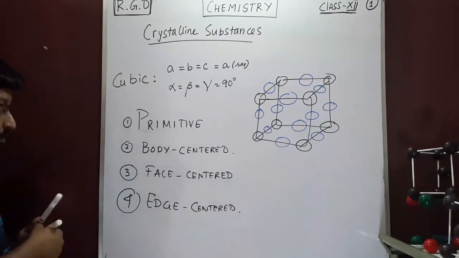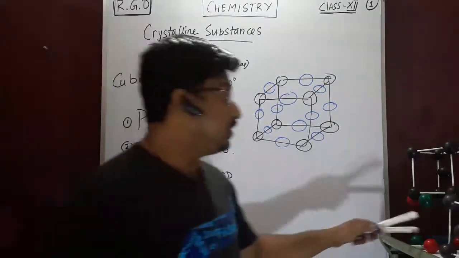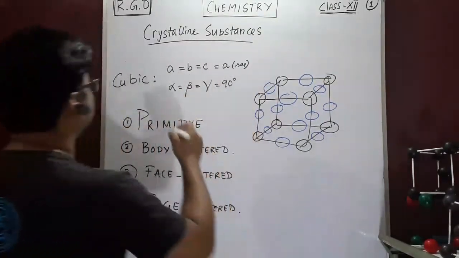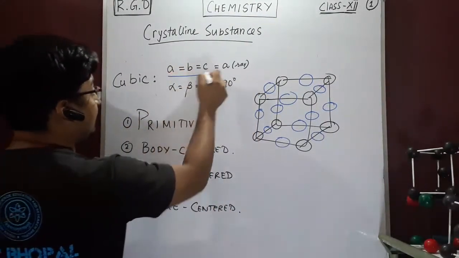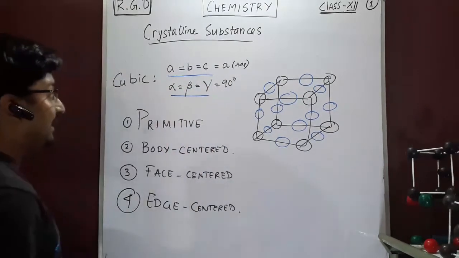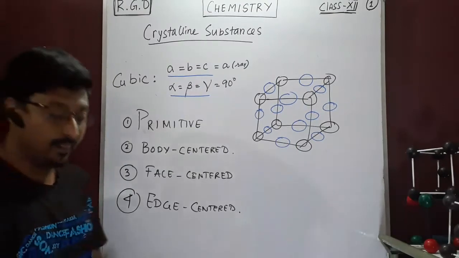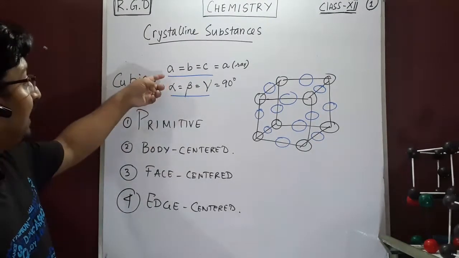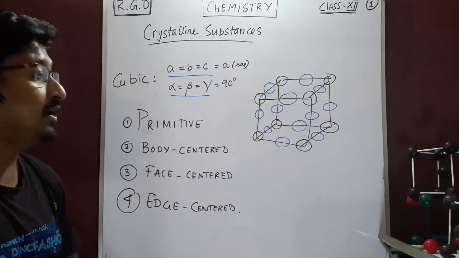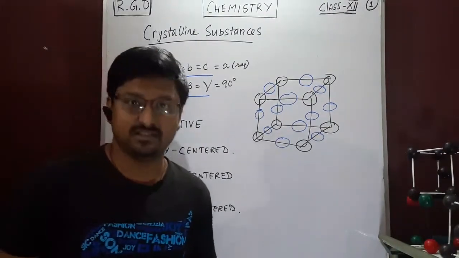Now, based on your a, b, c edge lengths and the interfacial angles alpha, beta, gamma, you have seven kinds of crystal systems.